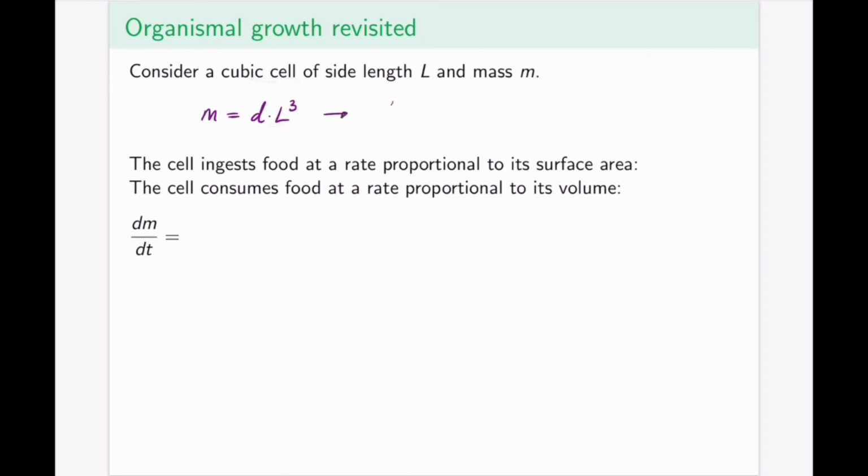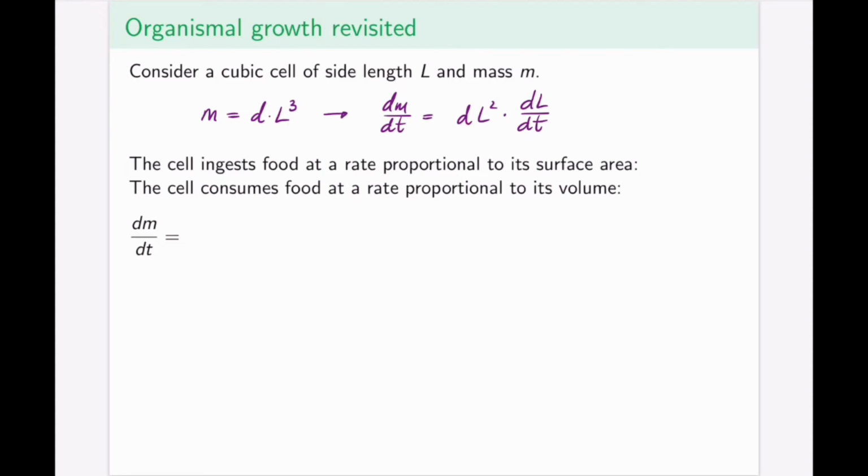From here, we derived the formula for the rate of change of mass as 3dl squared times dl by dt, and we actually said that this 3 will get absorbed into the density constant, so we can simply have it as d here.